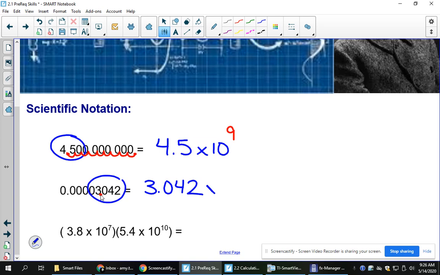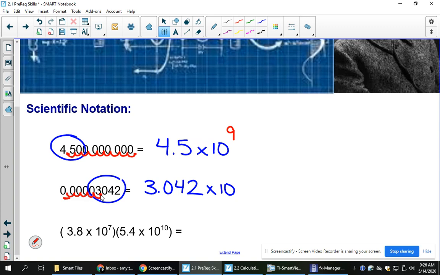Then you always write times 10. And now we count how many places we have to move the decimal to get it where we want. We don't start here and count to where we put it. We start where we put the decimal and we count to where we want it to go.